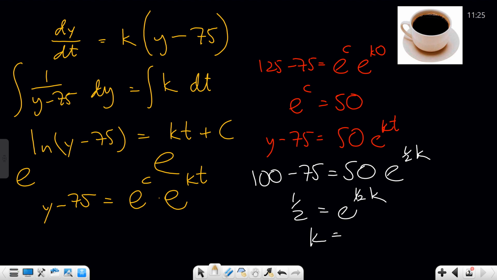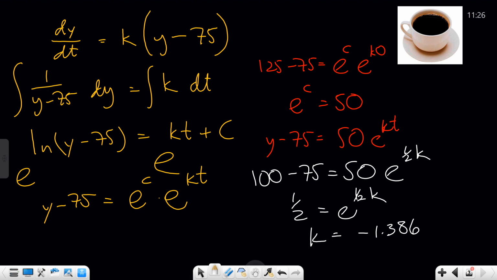And k turns out to be negative 1.386. Store that, don't just use the rounded number.